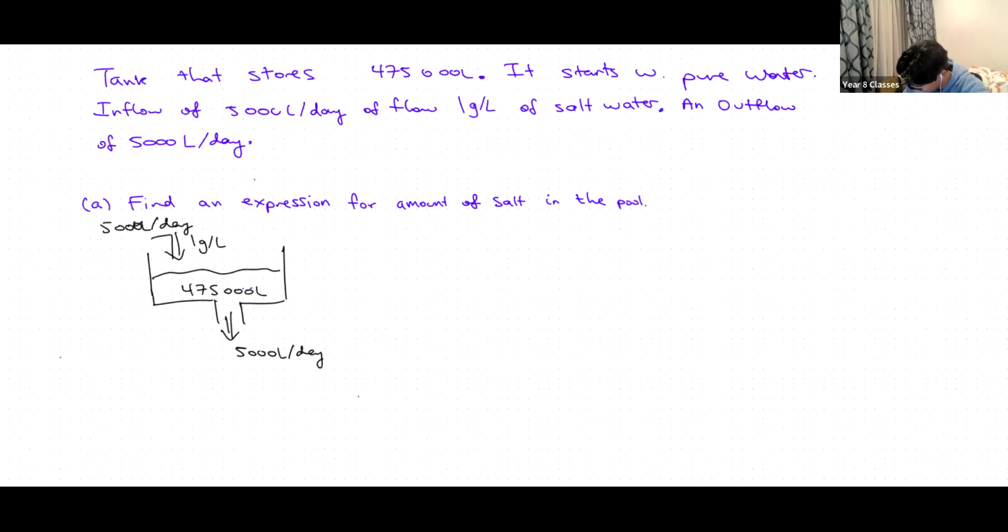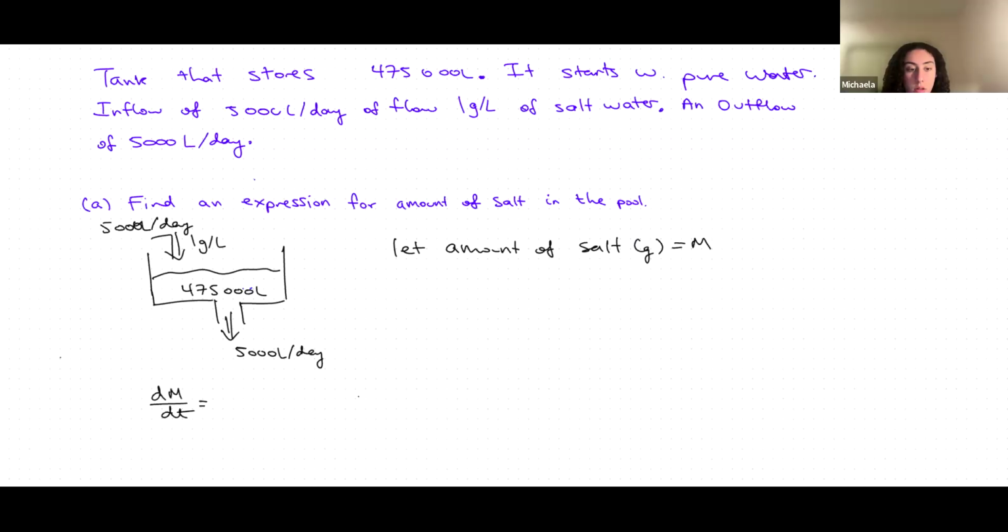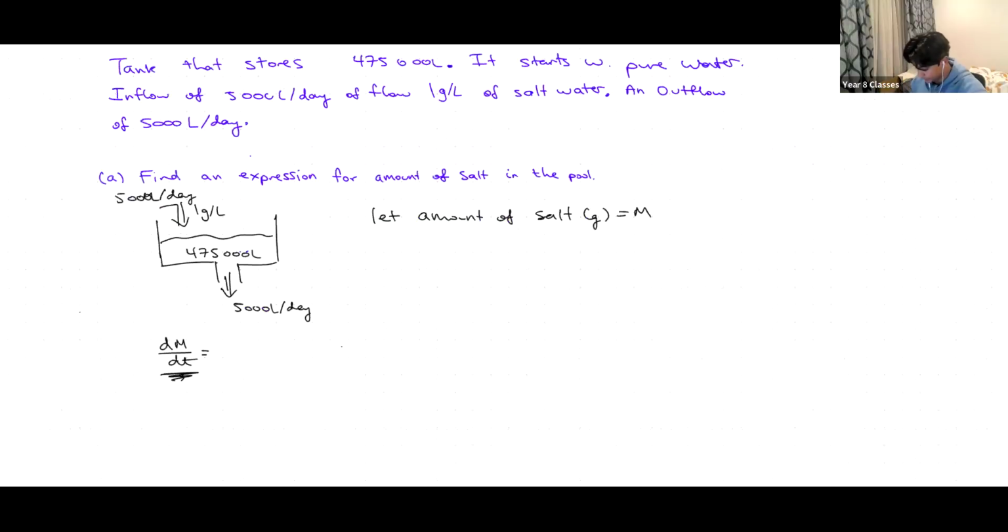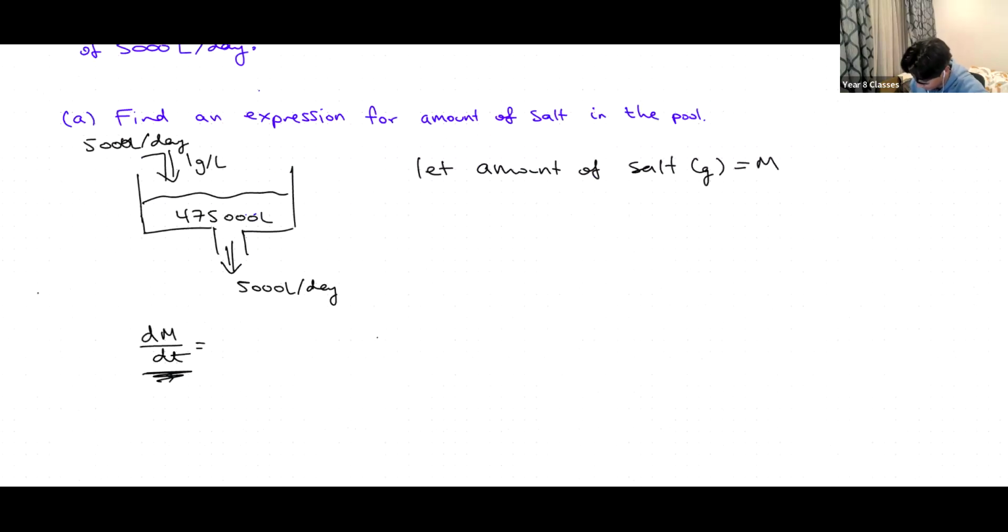So let's start by letting the amount of salt, we'll just put it in grams, be m. Let's find dm/dt. What does this mean physically? How much salt is getting added or removed every single day. Yep, that's exactly right. So let's look at how much salt is added per day.